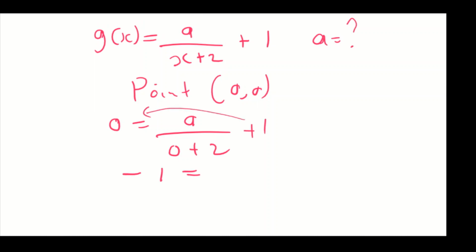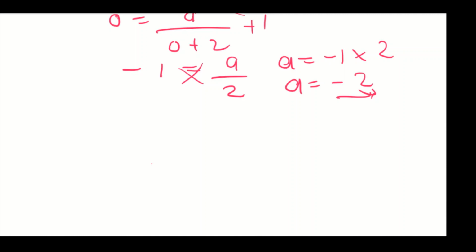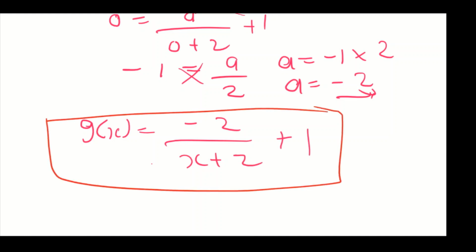Minus 1 equals our a over 2. Cross multiply. So our a is equal to minus 1 times 2. So our a value is equal to minus 2. So to write down our equation, g of x is equal to minus 2 over x plus 2 plus 1. So this is our graph of g.